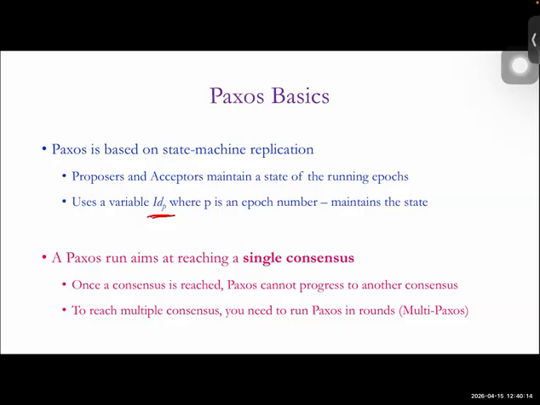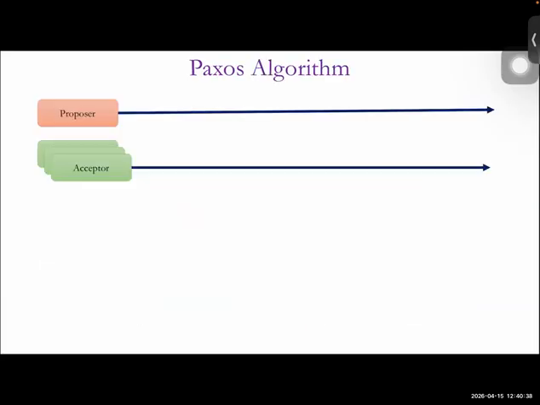Once a consensus is reached, Paxos cannot progress to another consensus. To reach multiple consensus, they need to run Paxos multiple times. So let us see this algorithm.